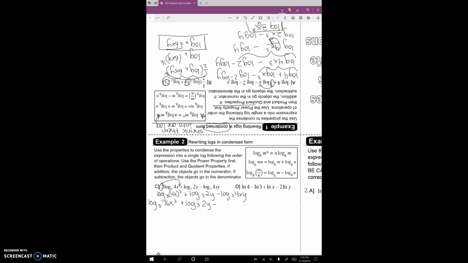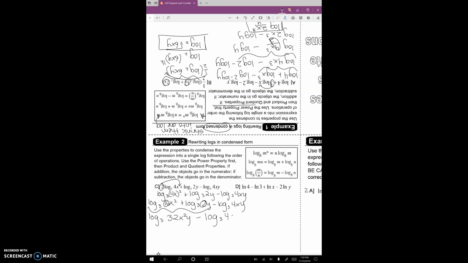Then I will go from addition to multiplication. So I have log base 3. 16 times 2 gives me what? 32? X squared y.